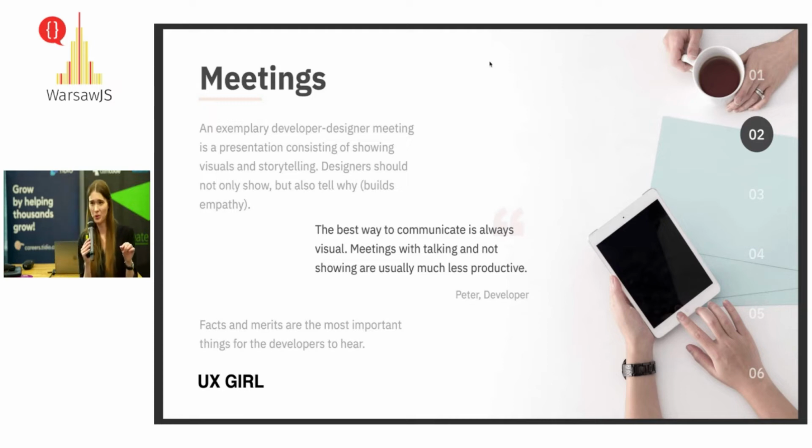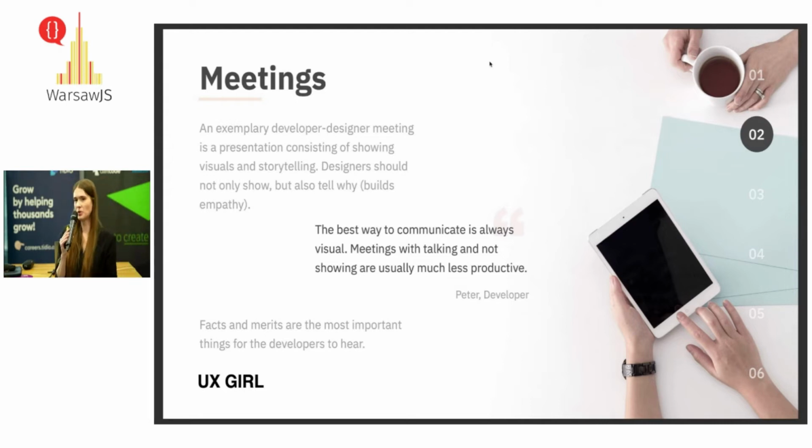And the third important thing about meetings is maybe more of a tip for the designer and not really for you as developers. When a designer is showing an interface that she designed, it's really hard to take it in without some story, without some arguments about why this is better, why the other thing is worse. If you're a designer, just tell these stories. Like, I designed it this way because of this and that.